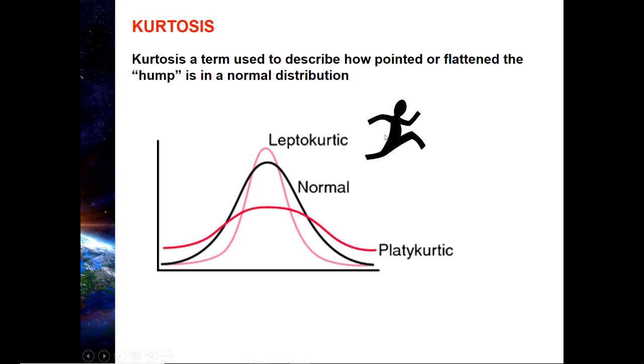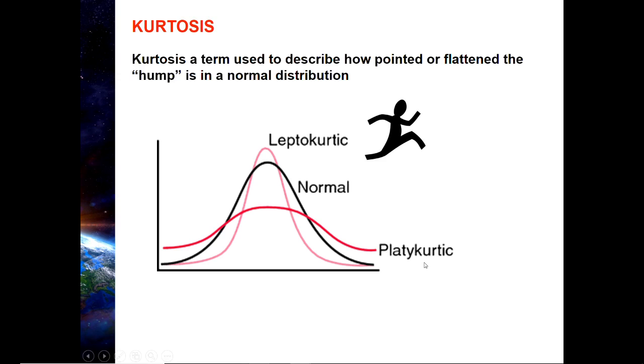So that's leptokurtic. Now, platykurtic, you would think some obvious tricks to remember might be plates, because plates are flat, or plateau, because a plateau is flat. Well, when I was an undergraduate student, my mind didn't work that way. I didn't even think of that.